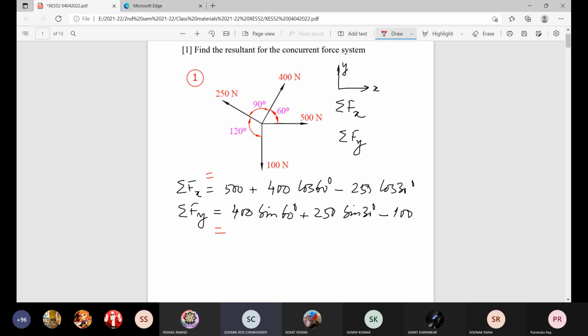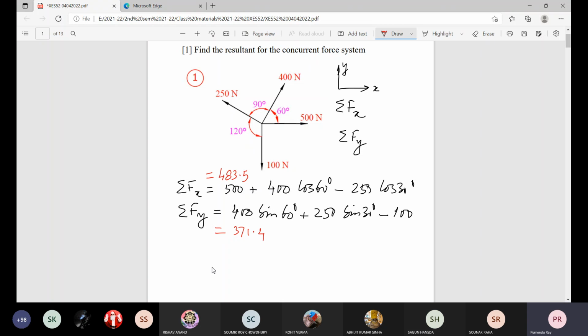Sigma fx will be 483.5, or 483.75. Okay, let us write 483.5. Then what about sigma Fy? It is 371.4.